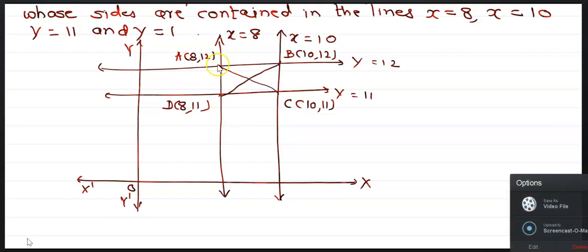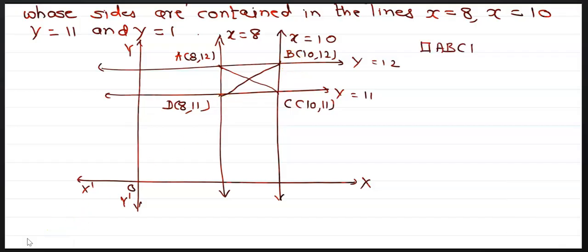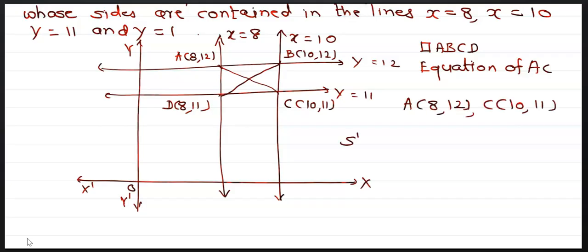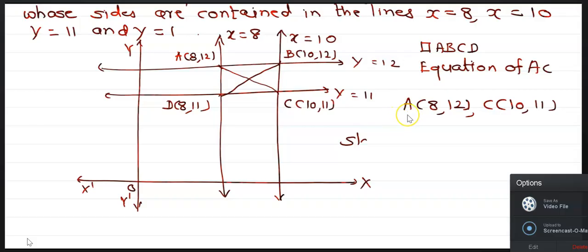Now we want to find out the equation of these diagonals. That is a quadrilateral ABCD. Equation of AC. To find the equation of AC, the coordinates of the point A are (8, 12) and C is (10, 11).